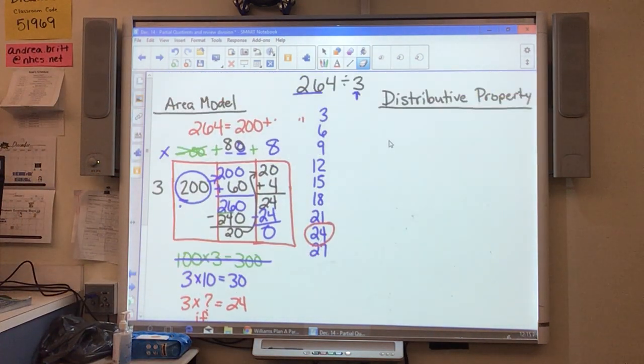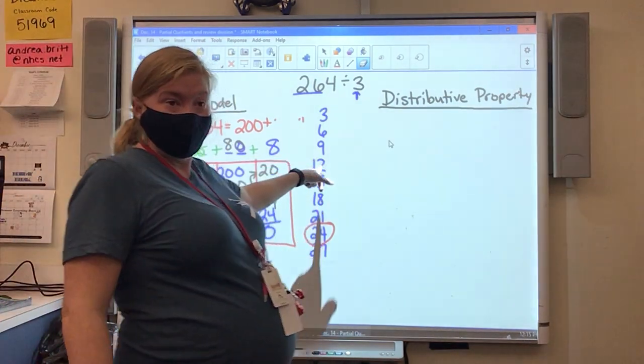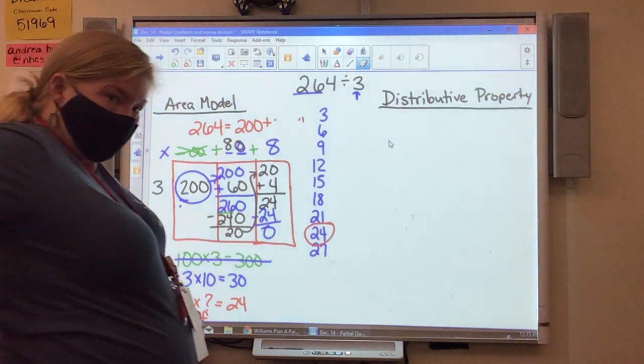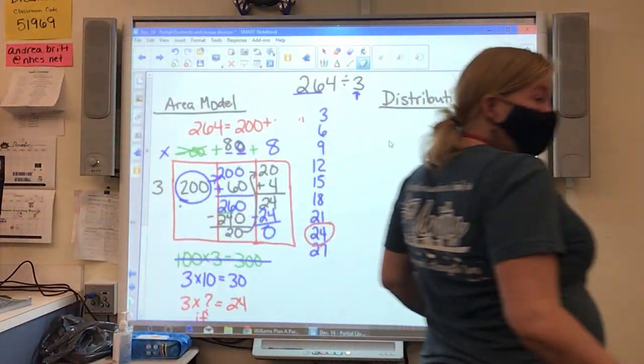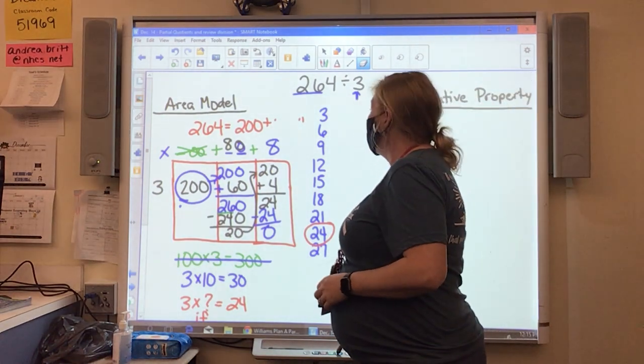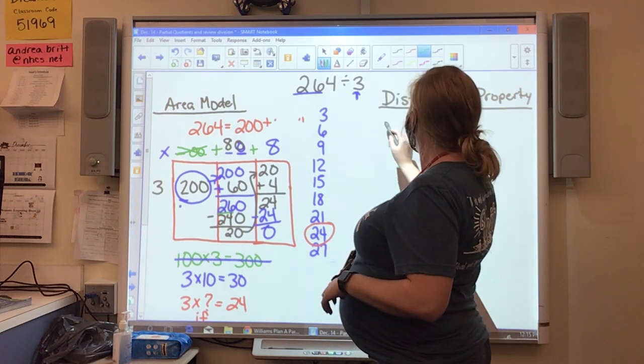All right, with distributive property division, we already have our multiples here, right? Who remembers what we do? You write the number and break it up, right? So I'm going to use green.